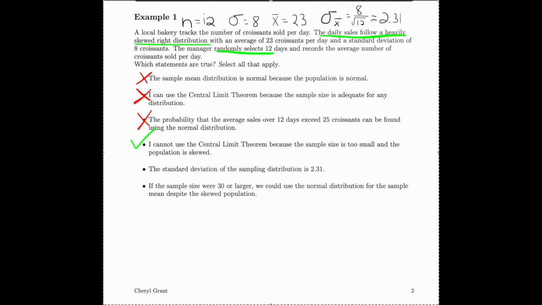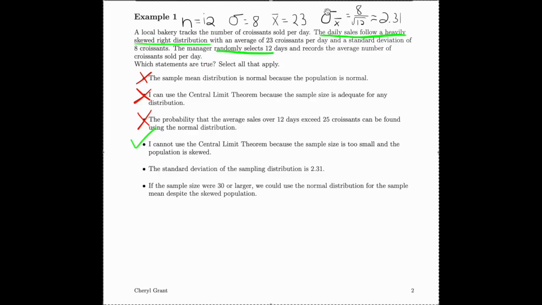Okay, the next statement says the standard deviation of the sampling distribution is 2.31. At the beginning, when we were reading through the scenario, we identified that the sample size is 12. The standard deviation for the population is 8. The mean was given as 23. So even though the central limit theorem doesn't apply here, I want to still practice finding the standard deviation for the sampling distribution with you.